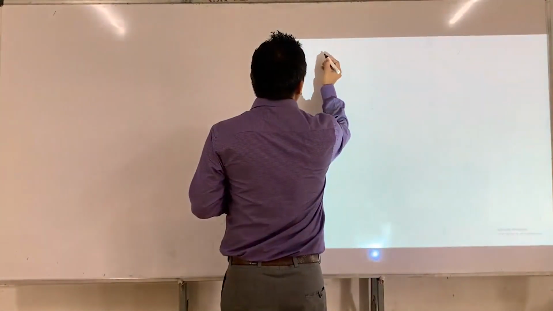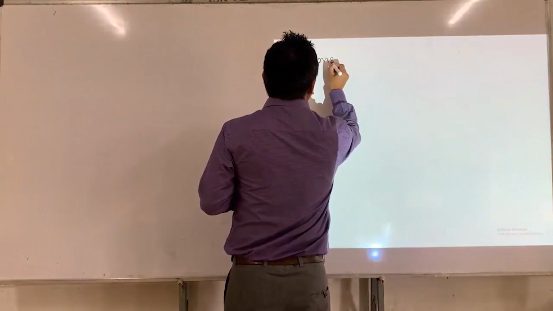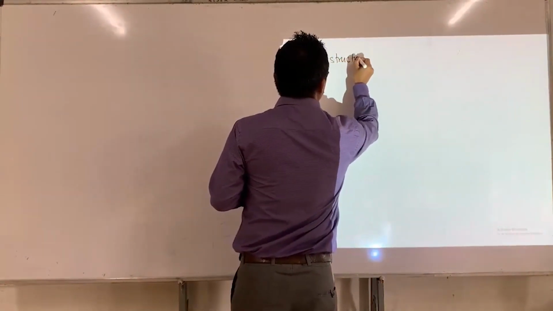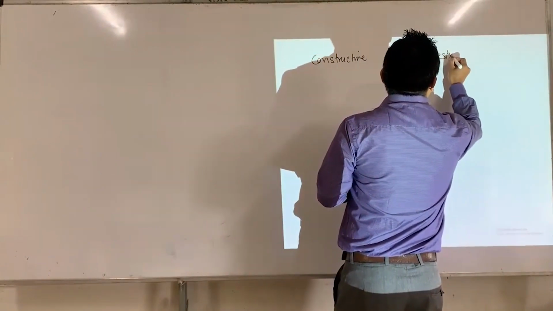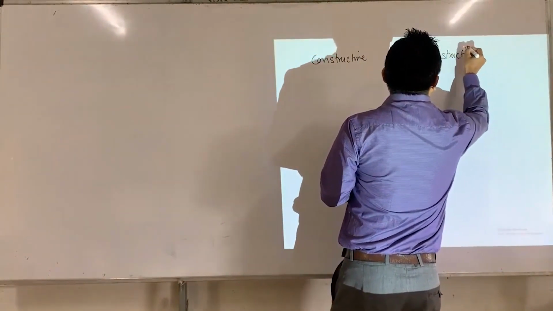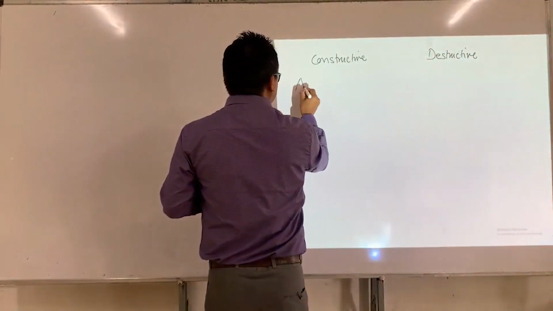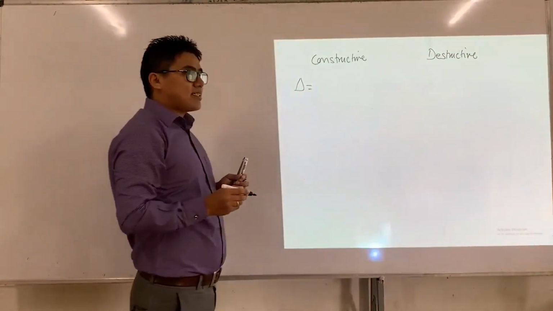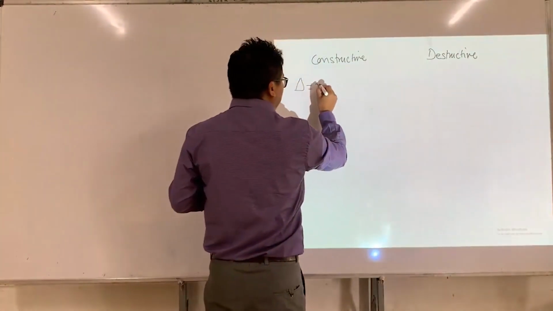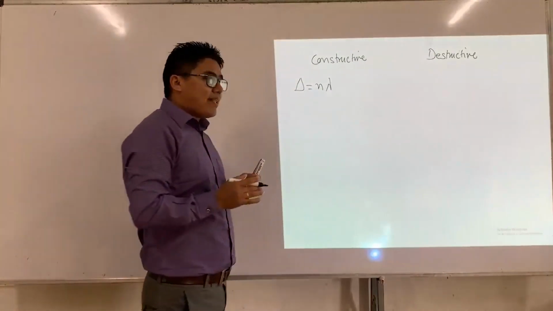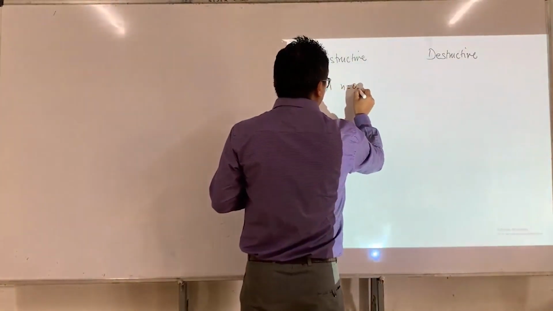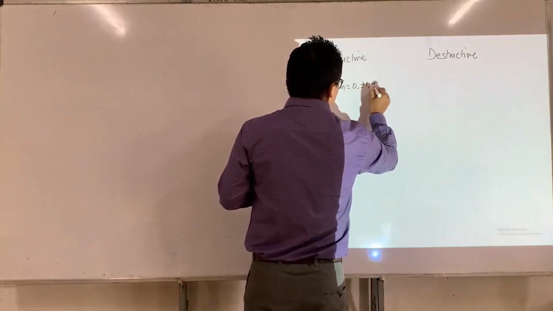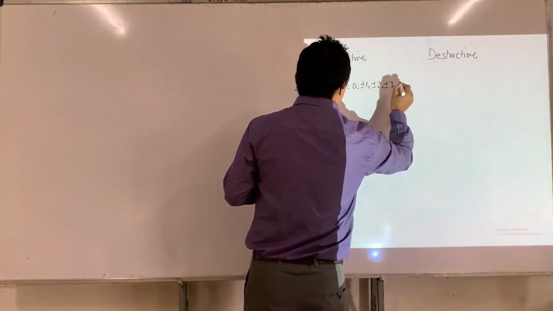So I have here, let's say, constructive, and here destructive. For path difference, constructive is when the path difference is n lambda, where n is equal to 0, plus minus 1, plus minus 2, plus minus 3, and so on.